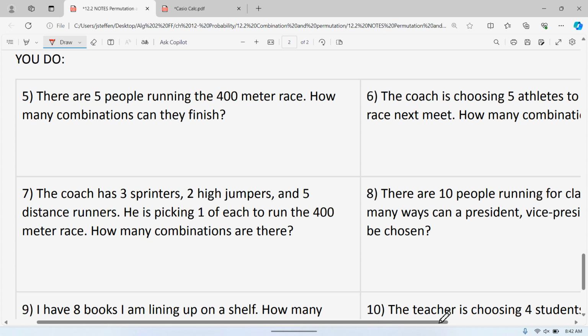But for all these, go ahead and do these on your own. In my opinion, if you want to save a little bit of time, you can just write down permutation, combination, or counting principle, because that's kind of the main point of this exercise. I'm going to put the answers up here in a second. If you have any questions, let me know.